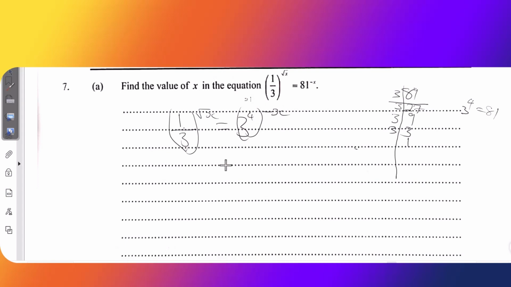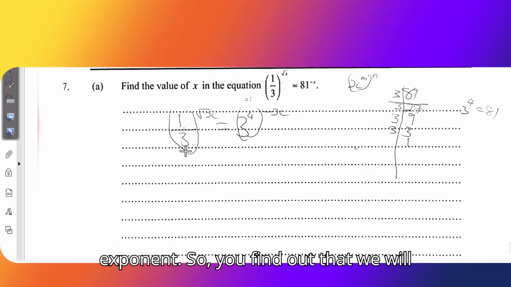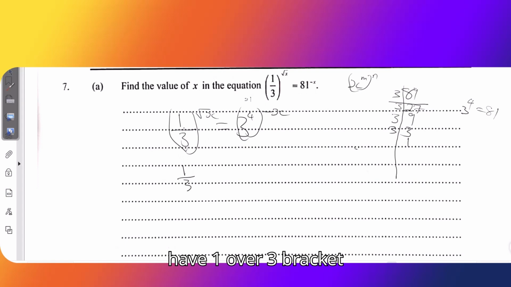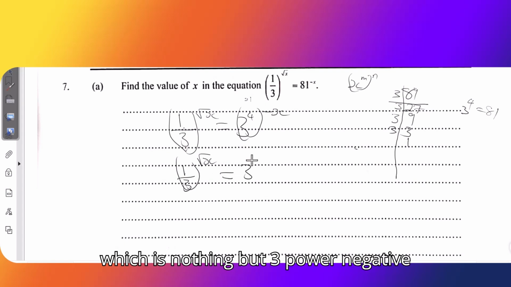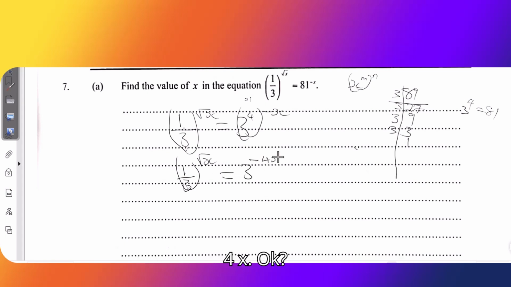If that is the case, now we have a law of multiple exponent, where we multiply the exponents. So you find out that we will have 1 over 3 bracket square root of x as a power, which is nothing but 3 power negative 4x. Then we have the law of negative exponent, where 1 over x power 1.